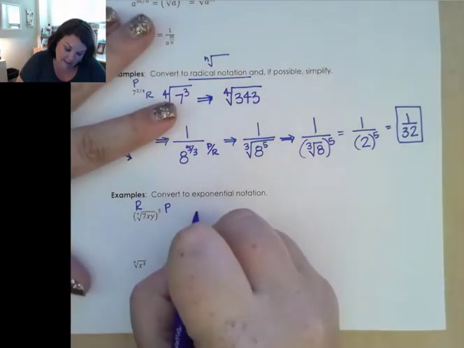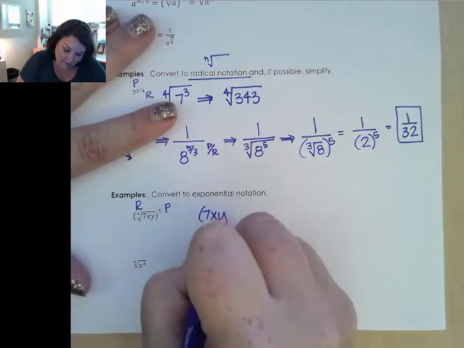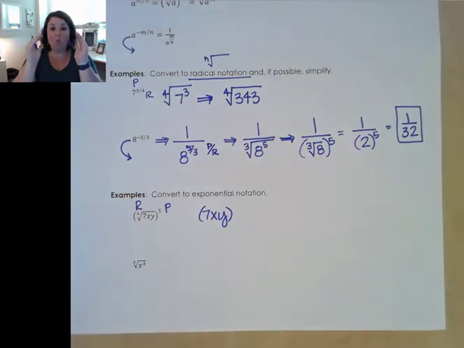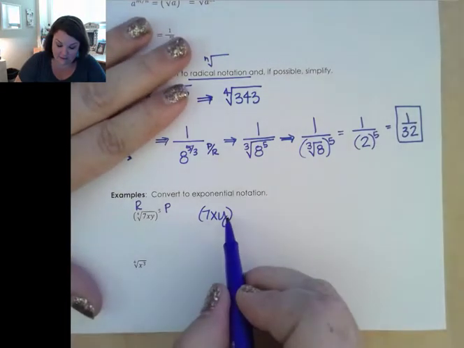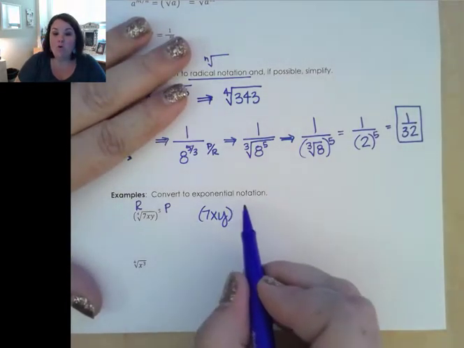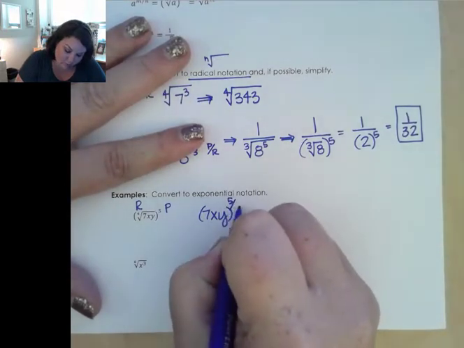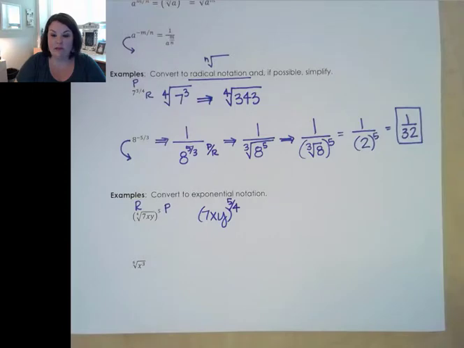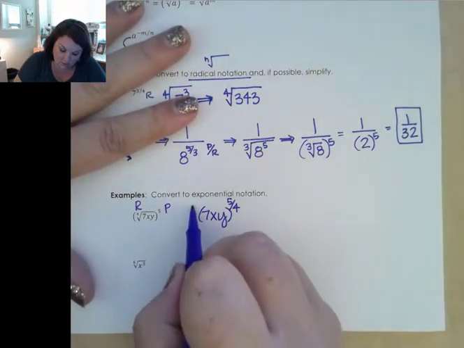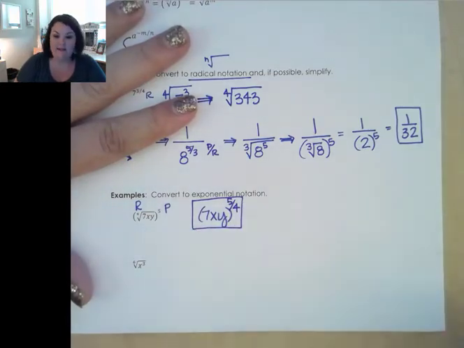So I'm going to go ahead and keep my 7xy in parentheses because that's my whole radicand, right? And then I'm going to raise it to my power over my root. So my power is 5 and my root is 4. Okay, and that's all we have to do. We're just going to leave it like that.